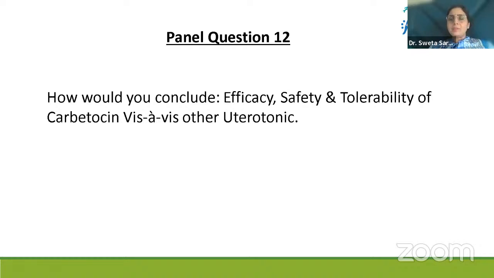Correct, in a high risk patient, she might bleed in the night. If I'm performing a surgery late at night, I don't want to take a risk. In those cases only, but the incidence of PPH after giving carbetocin has been nil. There have been no such cases.